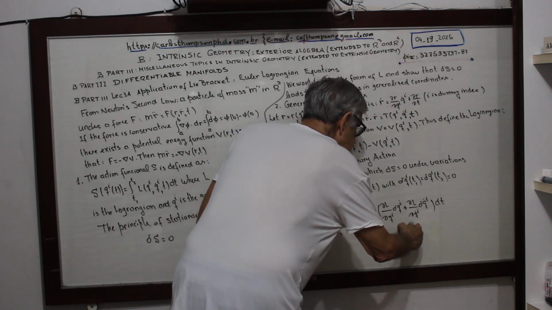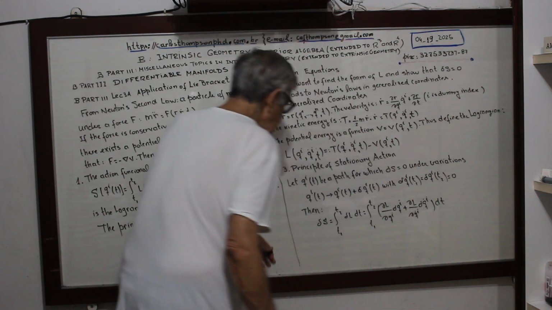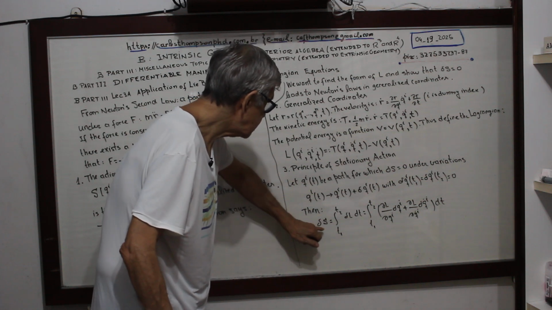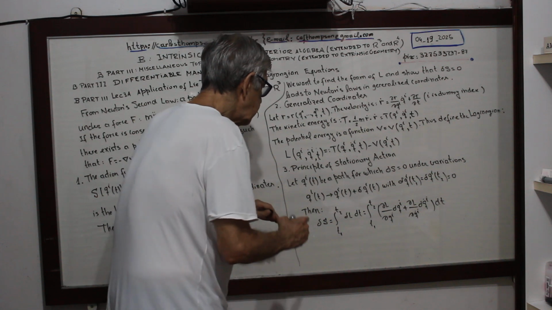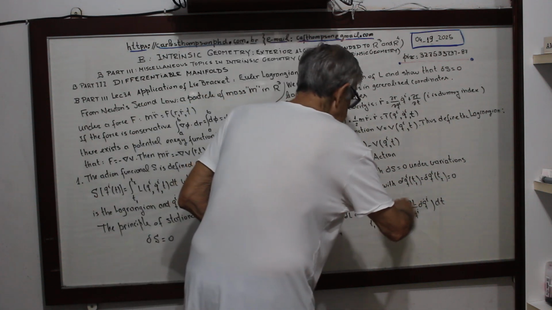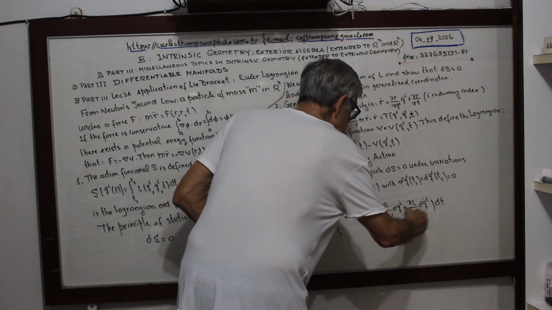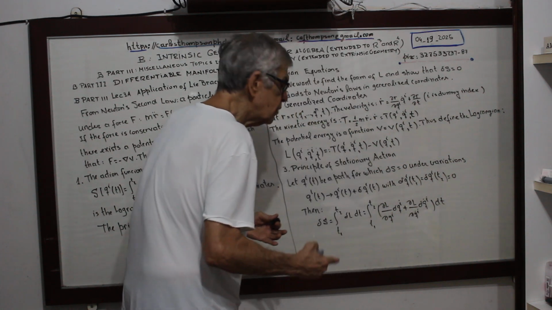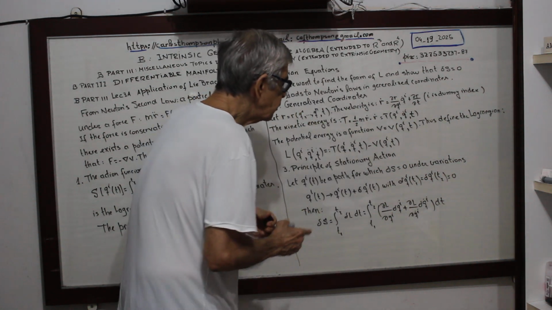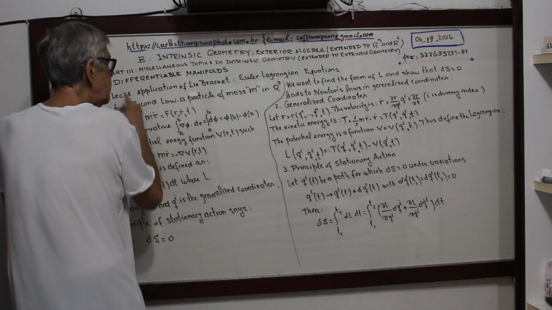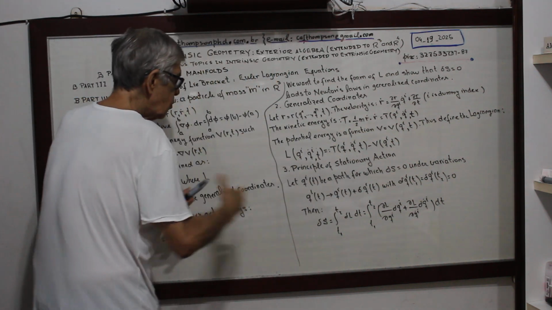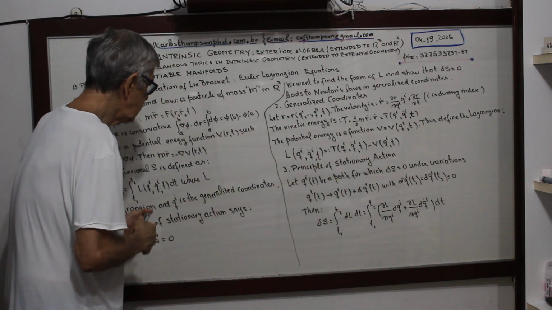So this plus this, delta T. Now, for this delta S, we'll derive this integral using integration by parts, as you see in lecture 3b. You see? Now continue this. Okay?